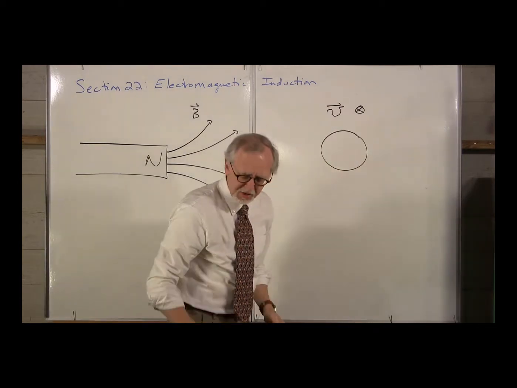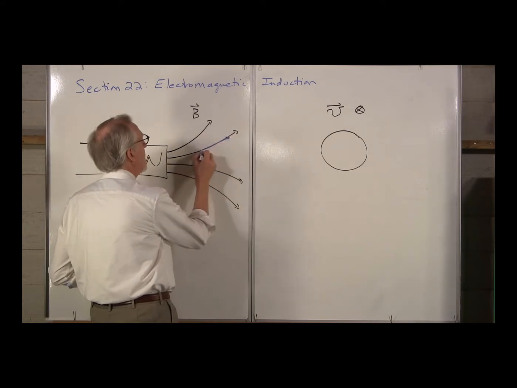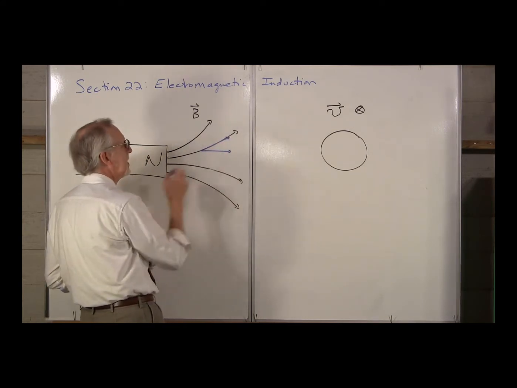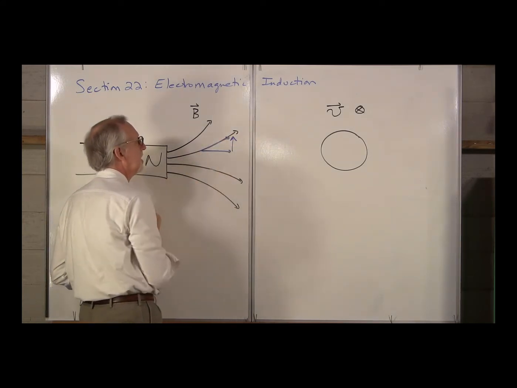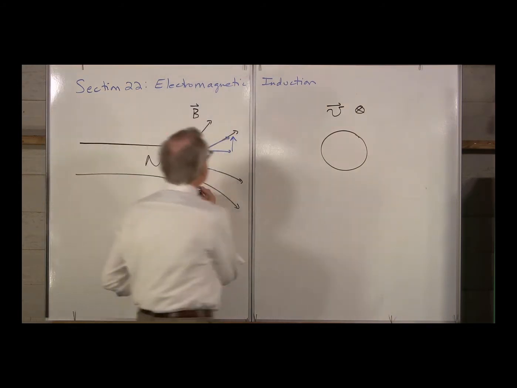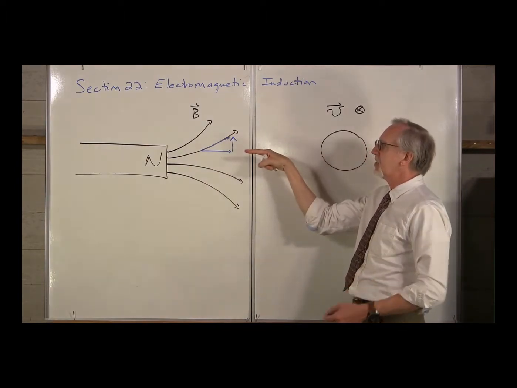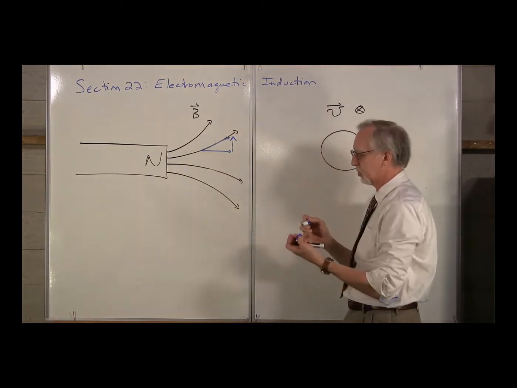Let's break that down into two parts. I'm going to take this magnetic field and draw the part that's pointing toward us and upward. Now, if we think about the part of the magnetic field that's pointing toward us, we've got a velocity that's this way and a magnetic field that's this way.